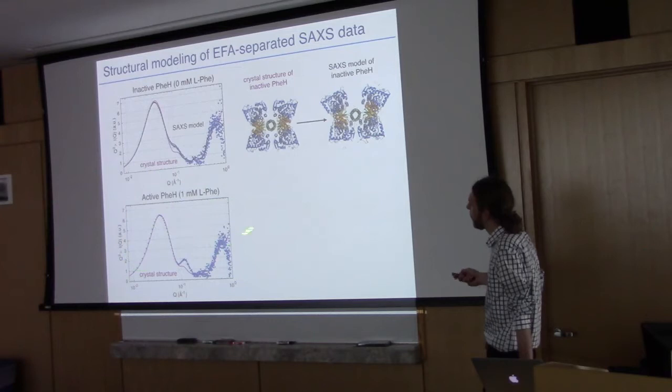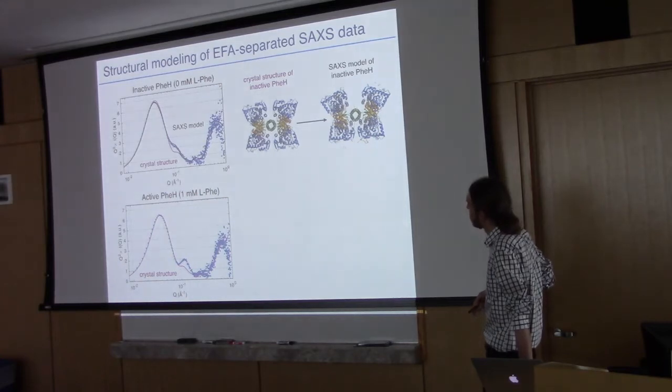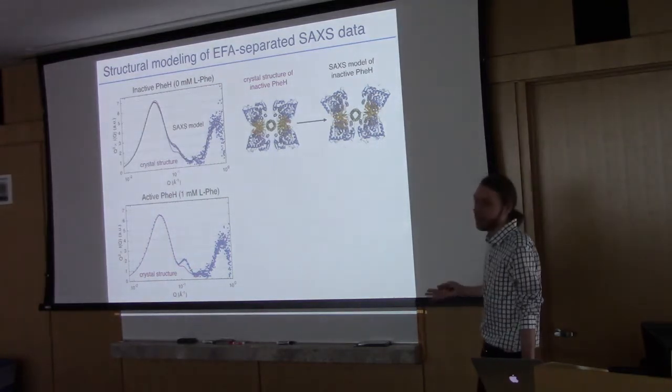Okay, so this is now when we've added the 1 millimolar phenylalanine. Remember that that state has a second peak in the Kratky plot at mid-Q. And this is showing, again, the crystal structure, which doesn't have that peak. Now, how do we model the active conformation?